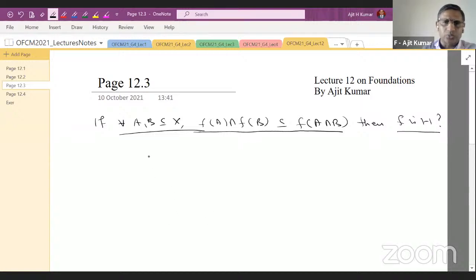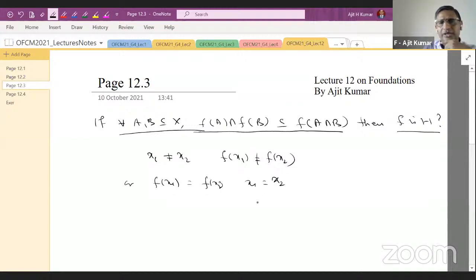So if I take x1 and x2 distinct, that is x1 not equal to x2, we have to show that f of x1 is not equal to f of x2. Or we can start with f of x1 equal to f of x2 and show that x1 equals x2. Whichever way you want. So let us start with this.